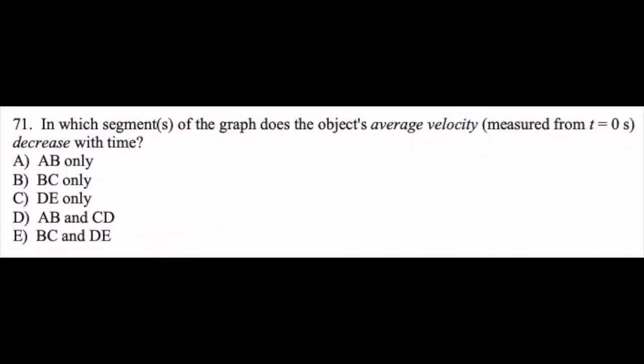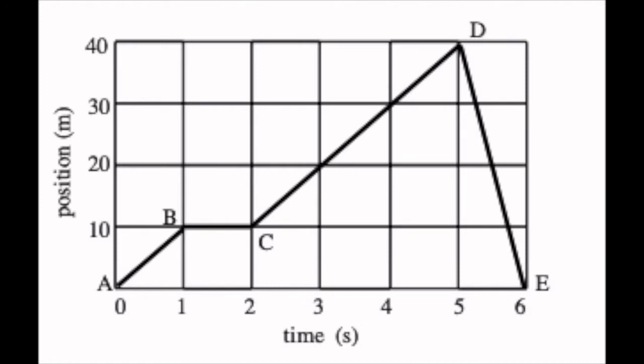In which segment or segments of the graph does the object's average velocity, measured from t equals 0 seconds, decrease with time? So, in order to understand this question, we have to look at our graph first. We have to find out in which segments the velocity decreases.